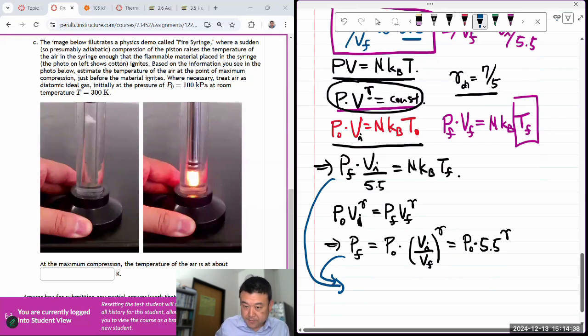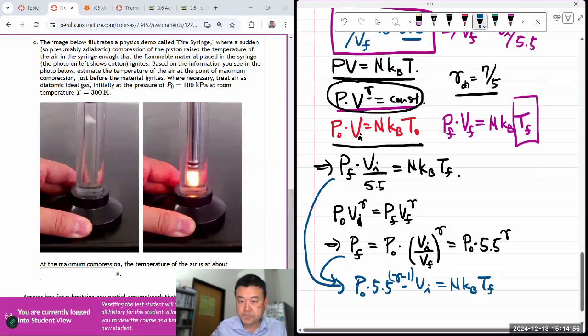So plugging in P final, it's P naught times 5.5 raised to gamma times V initial divided by 5.5, so I can do gamma minus 1 in the powers, is equal to N k_B T final.